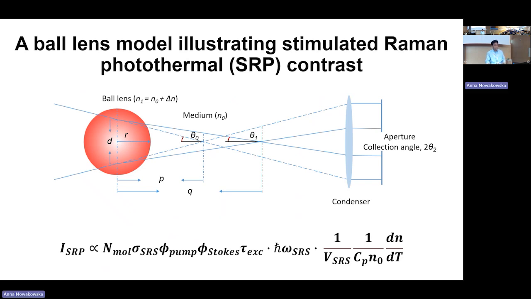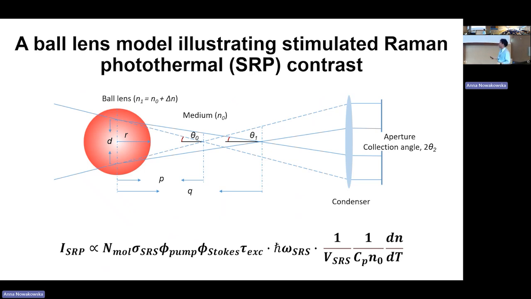We have also built a model to explain the stimulated Raman photothermal contrast. In this model, you actually have to offset the pump and the probe to induce the propagation difference. So this is the excitation-induced thermal lensing model. The SRP signal theoretically has three terms.